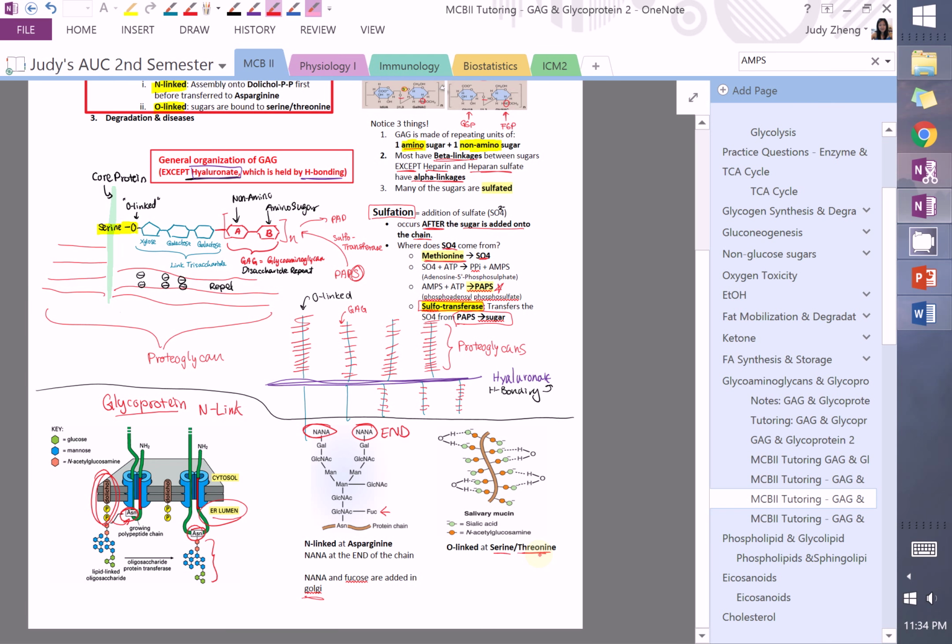So the sugars can be added onto threonine or serine, and that would be considered an O-linked molecule. An example would be the salivary mucin. There are a couple of negative charges here, so it would also attract water and perform some of the similar functions.